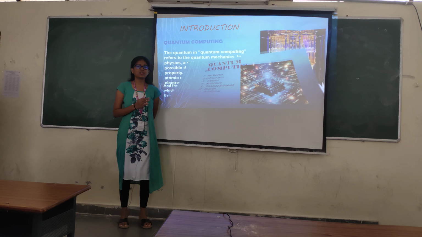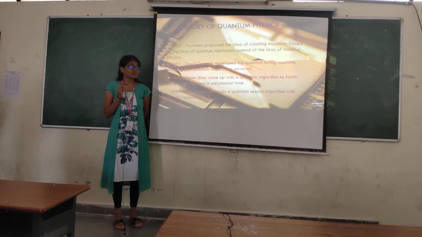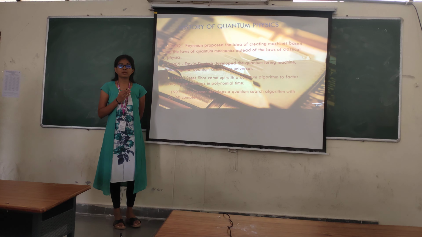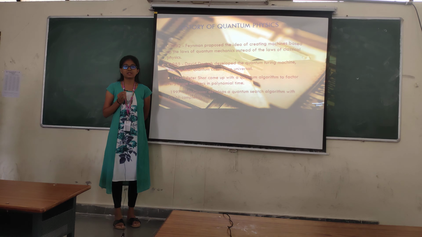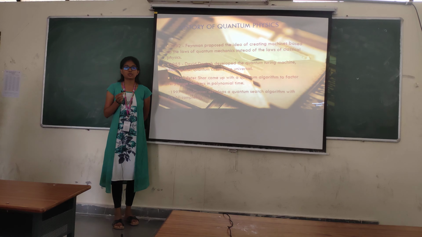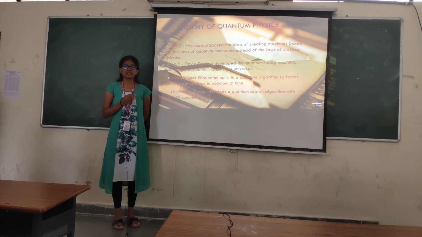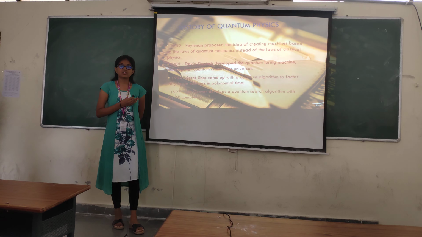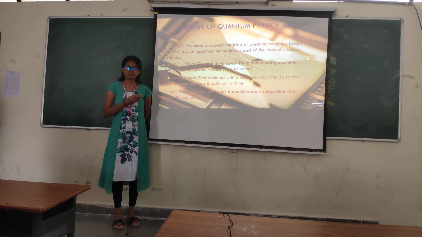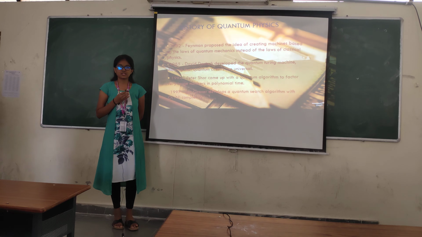Now I am introducing the history of quantum physics. In 1982, Feynman proposed the idea of creating machines based upon quantum mechanics instead of the laws of classical physics. In 1985, David Deutsch developed the quantum Turing machine to show that quantum circuits are universal.